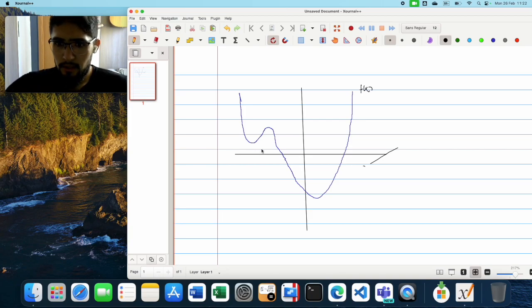So in this case we have two minimum points. This one is the local minimum and this one is the global minimum.